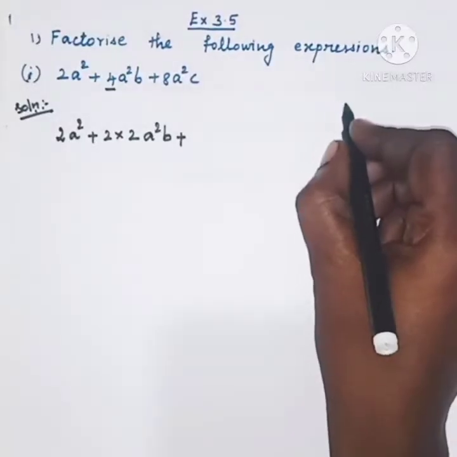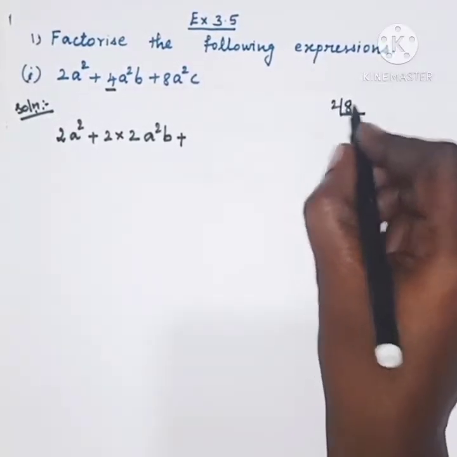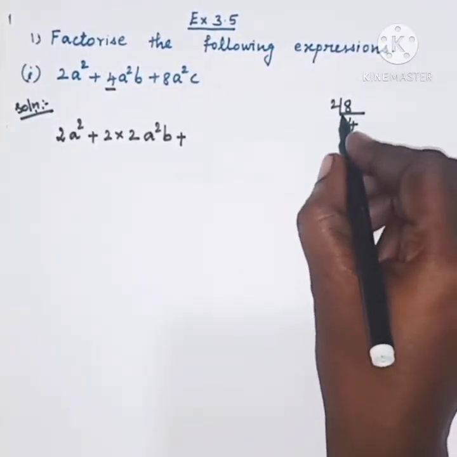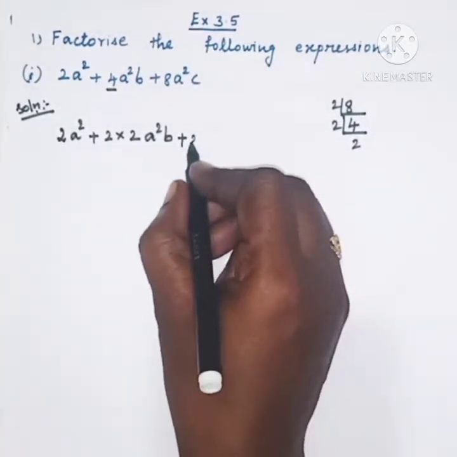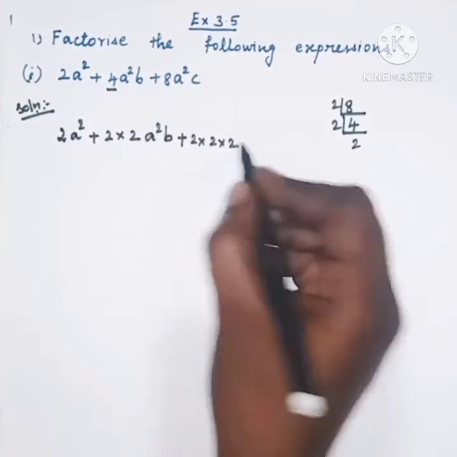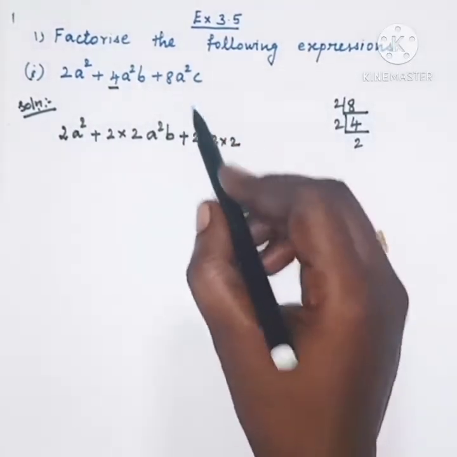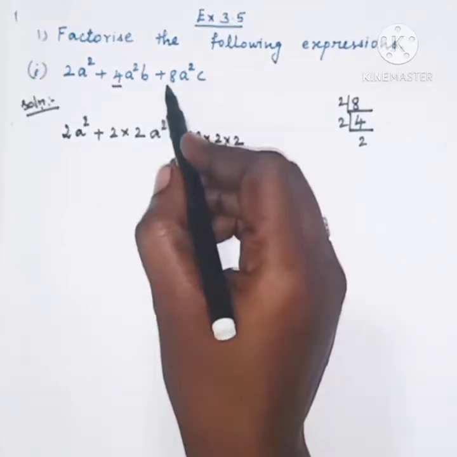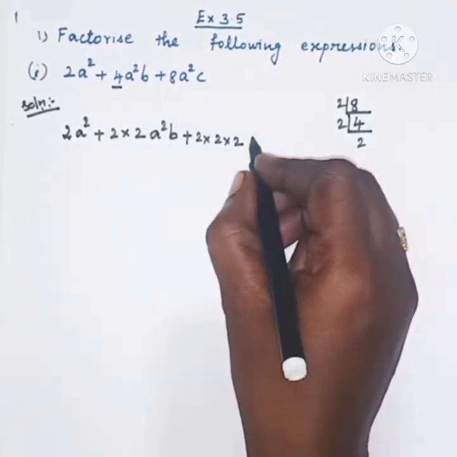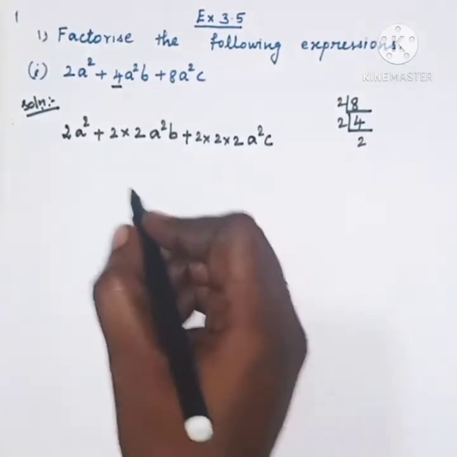In the same way, 8 can be written as 2 into 2 into 2, because 2 2s are 4, 4 2s are 8. And then a square c.